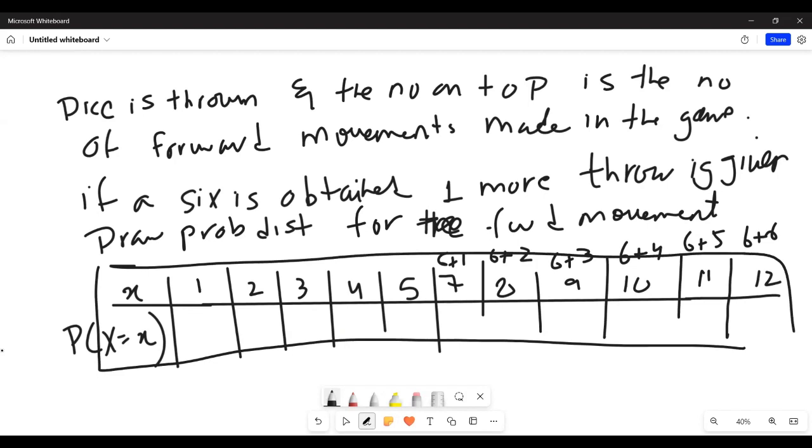अब 1 आने की प्रोबेबिलिटी तो 1/6 है, डाई पे 2 आने की प्रोबेबिलिटी 1/6, 3 आने की 1/6, 4 आने की 1/6, 5 आने की 1/6, लेकिन 7 आने की 1/6 नहीं है, क्योंकि वो पहले 6 आया और फिर 1 आया। So it's going to be 1/6 times 1/6.